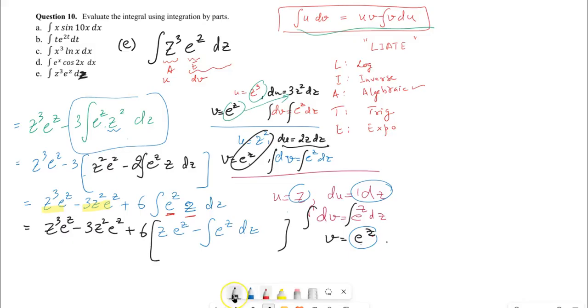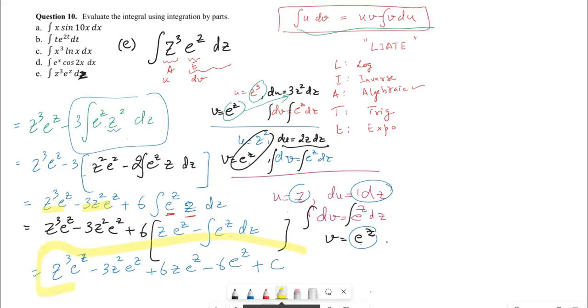We are finally able to write the final answer. z cubed e^z minus 3z squared e^z plus 6z e^z minus 6 integral of e^z, which is just e^z, plus c. So this is your final answer of the integral.